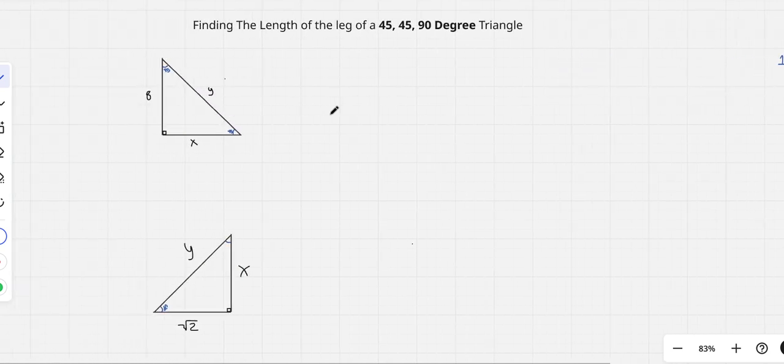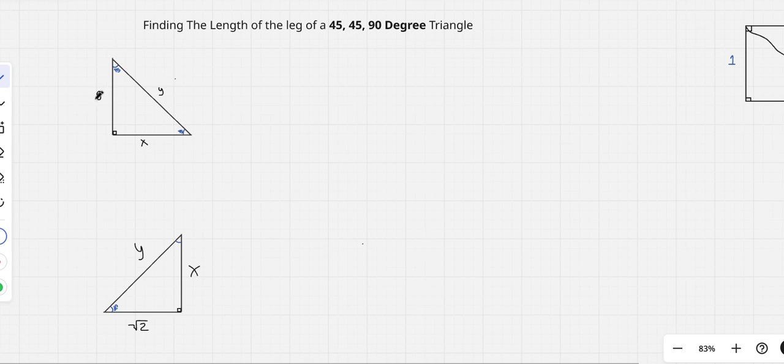Now let's use that information to solve here. We have the side, a leg is equal to 8. And we know in a 45, 45, 90-degree triangle that these two legs are equal to one another. So x equals 8. And to find the hypotenuse, we multiply the leg by the square root of 2.